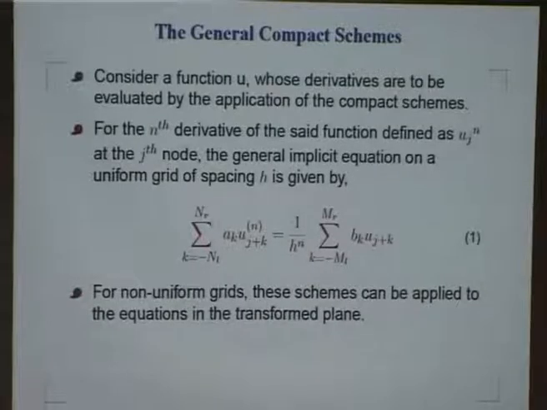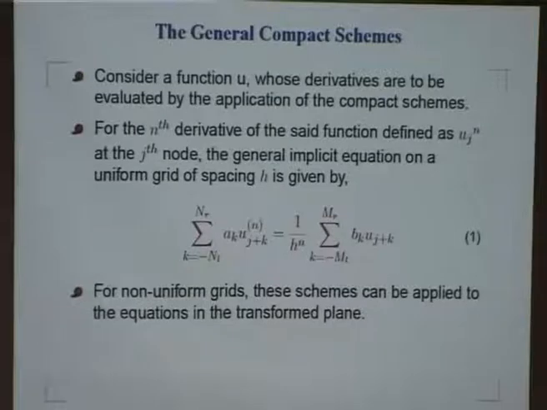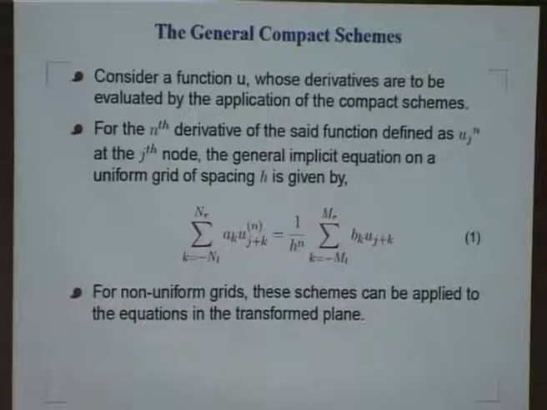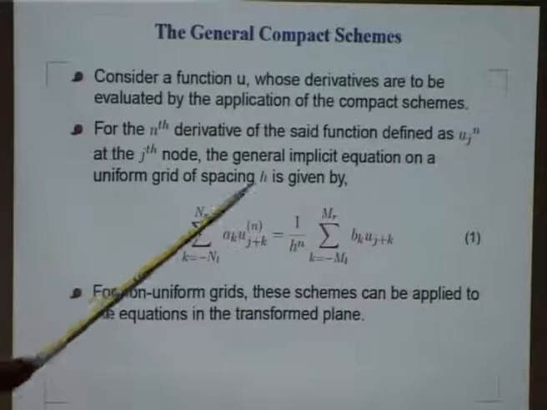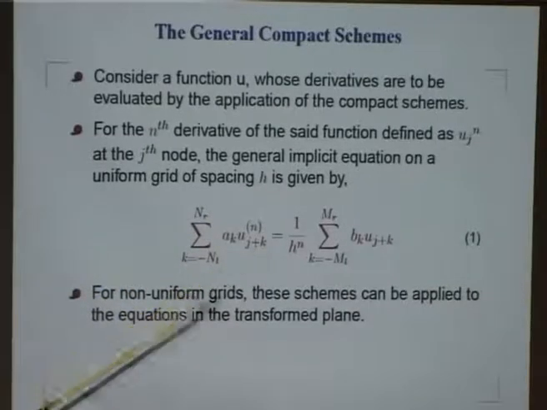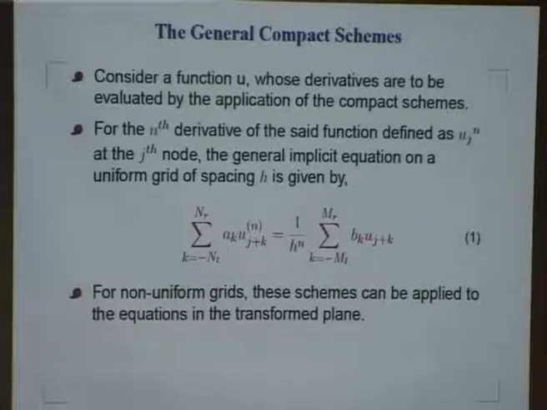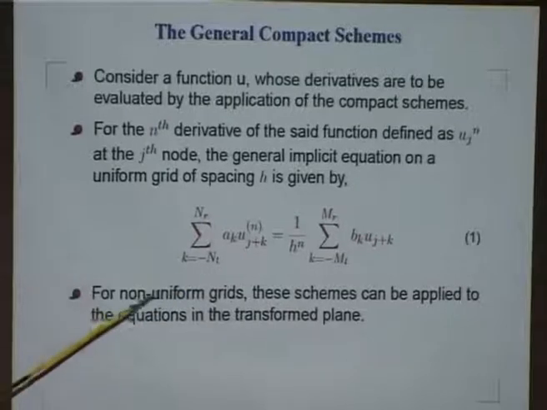So this is a general pattern we would like to follow, and to comfort you, what we are doing here is not just a pedagogic exercise; it has rather relevant practical application. Let me tell you that although we are writing this generic equation for a grid with uniform spacing h, you can actually directly use it for non-uniform grids.